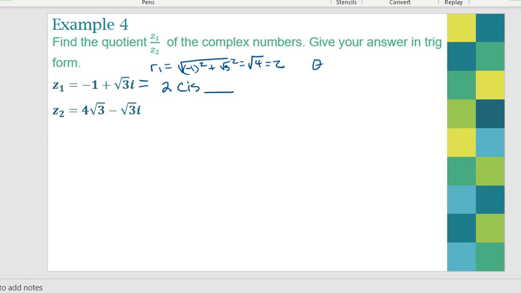Well, my something, I have to do the theta and get tan inverse of square root of 3 over negative 1, which is negative square root of 3, which is negative 60 degrees. So at this point, you got to figure out where this thing is located. It's back 1 and up some. It's in that quadrant. So that would be 180 minus 60, which is 120. And so this would be 120.